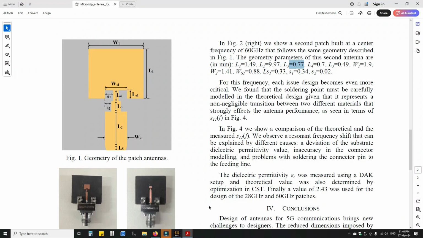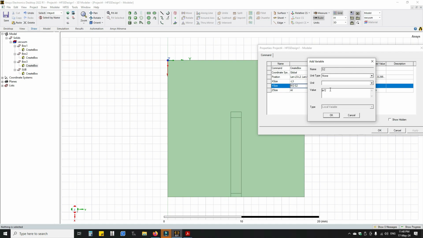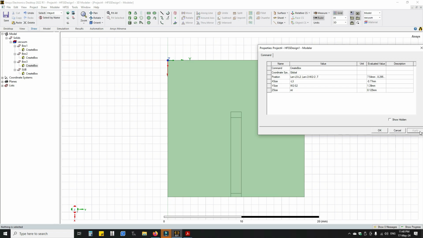On the paper, S2 is 0.02 millimeter, on both sides. But we need to subtract that S2 in the starting position, so minus S2.